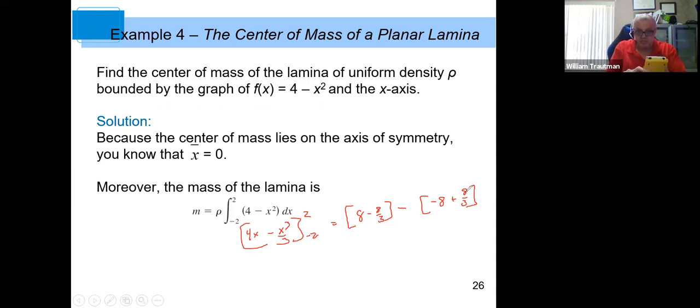Let's see what I get when I get out of that. 8 minus 8 over 3, minus parentheses, -8 plus 8 over 3. And I get 32 over 3.